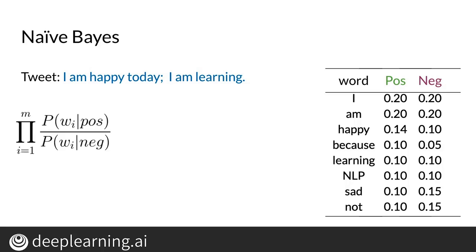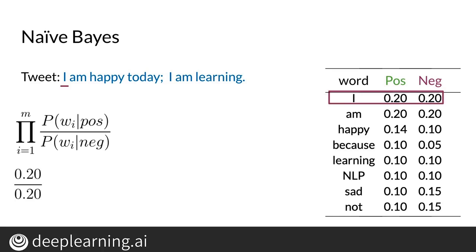This expression is called the naive Bayes inference condition rule for binary classification. This expression says that you're going to take the product across all of the words in your tweet of the probability for each word in the positive class divided by the probability in the negative class. Let's calculate this product for this tweet. For each word, select its probabilities from the table.